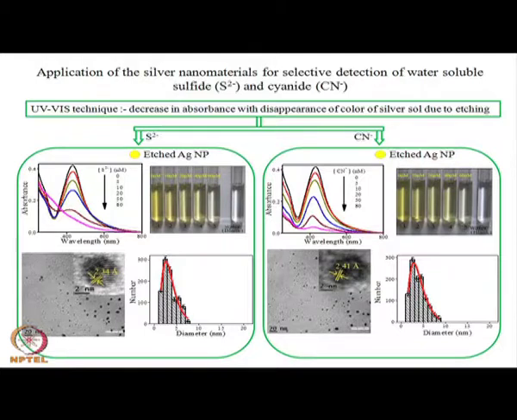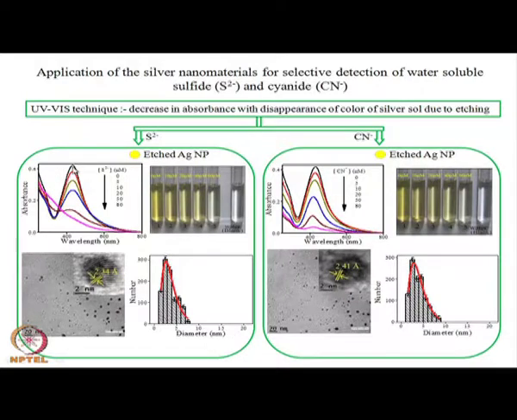In this case, these nanomaterials are used for the selective detection of water soluble sulfides and cyanides. These are deadly poisonous and very toxic. As you keep on adding more and more of these ions, you see this is the characteristic band of the nanoparticle in absence of any cyanide or sulfide.